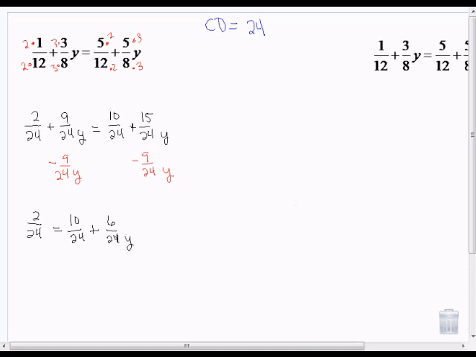Okay. Then I'm going to subtract 10/24 from both sides. And I get negative 8/24 is equal to 6/24 y.